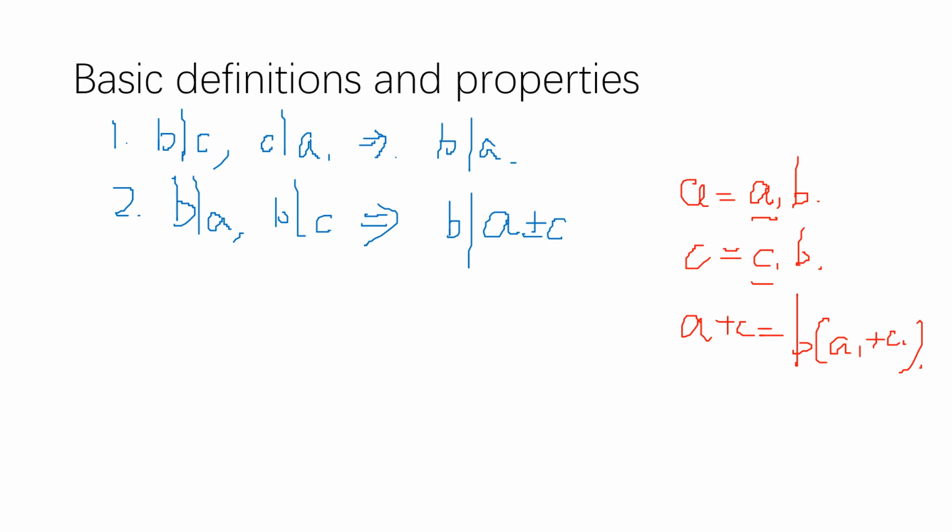A minus C equals B times (A1 minus C1). It doesn't matter whether after minus is positive or negative. If it is negative, you just change A1 and C1's position and it will be positive.